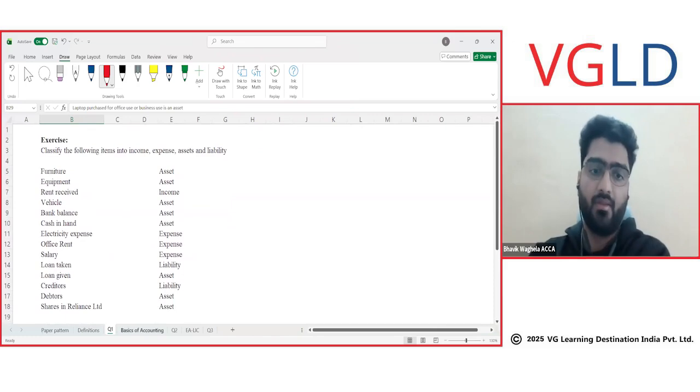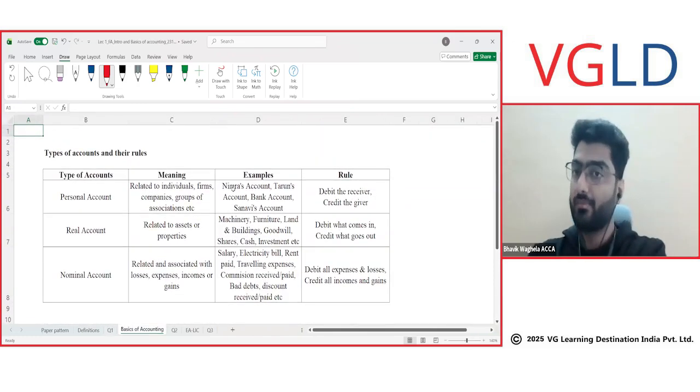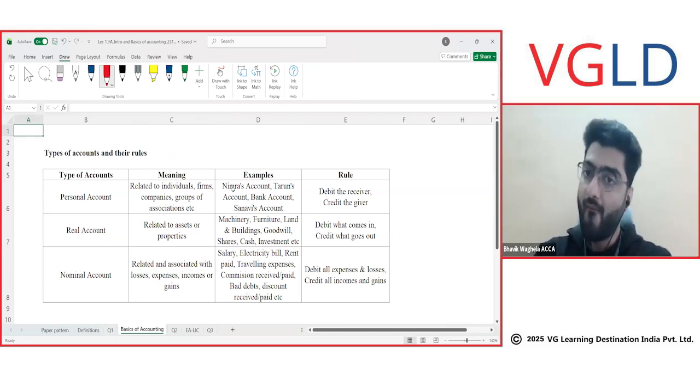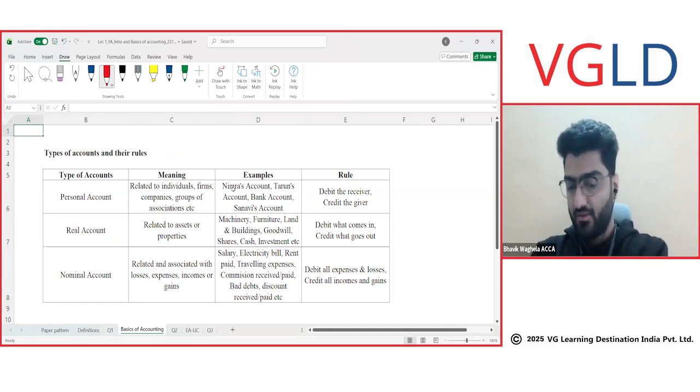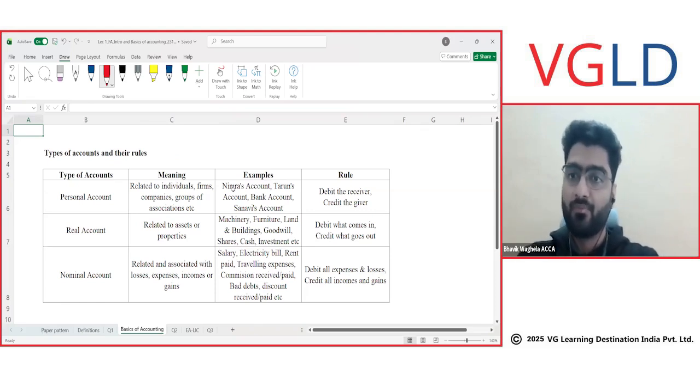Great. Then, basics of accounting. This is something that we have studied so far, which we won't be learning ahead. I have redesigned the way that we record journal entries, and this is something that we will be using throughout our ACCA level. You don't have to get into the confusion of personal, real, or nominal.